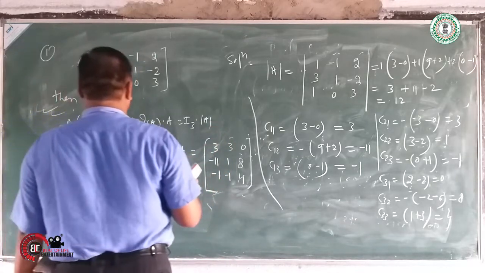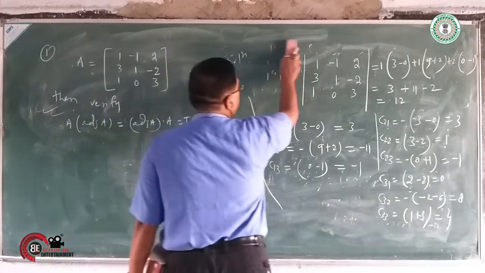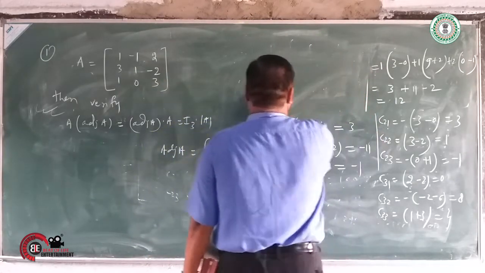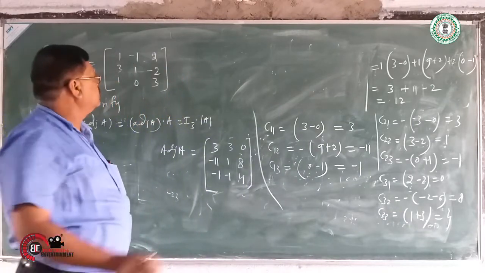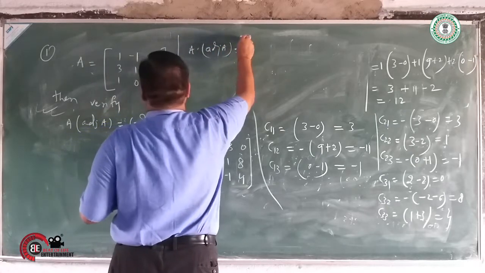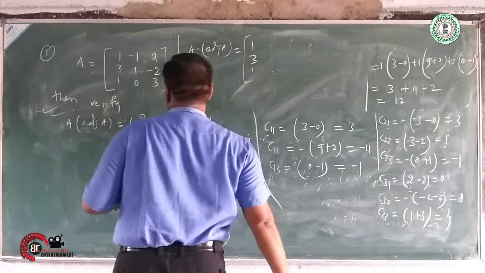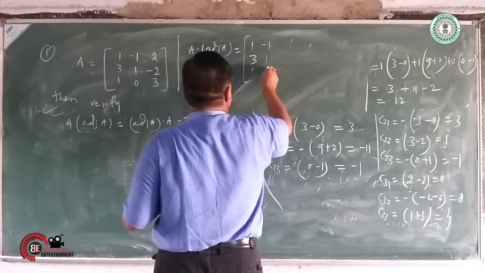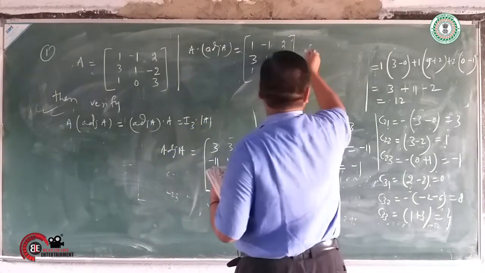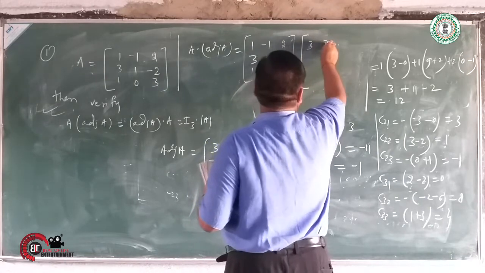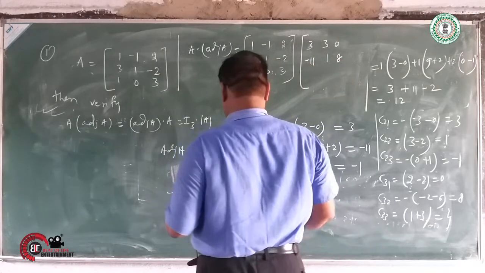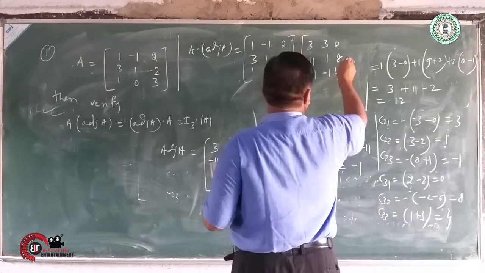So we will find A into adjoint A. A is [1 3 1; -1 1 0; 2 -2 3] and adjoint A is [3 3 0; -11 1 8; -1 -1 4].